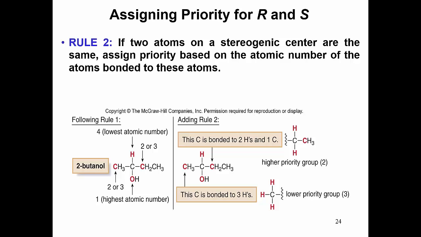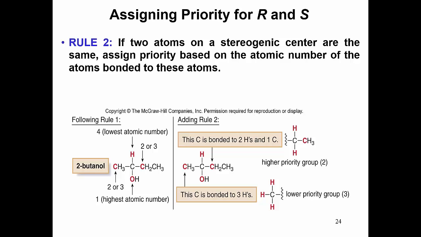That carbon has four different groups attached to it, but two of those different groups contain carbons. So what do we do? The higher priority group is going to be the carbon that's attached to the two hydrogens and another carbon, and the methyl group is not attached to another carbon, so that's going to be lower priority.